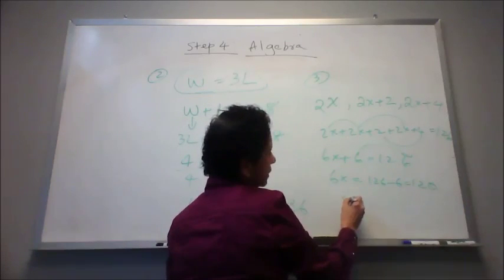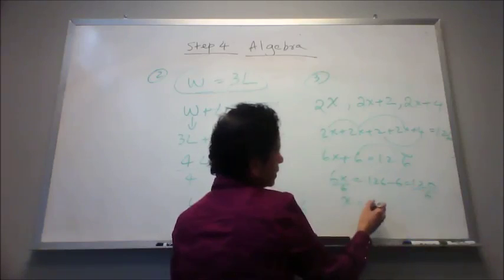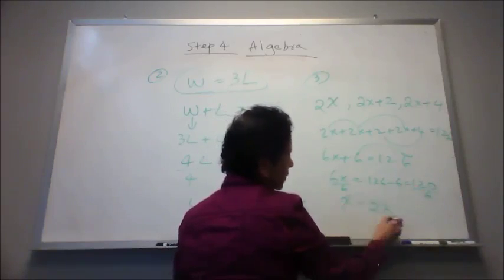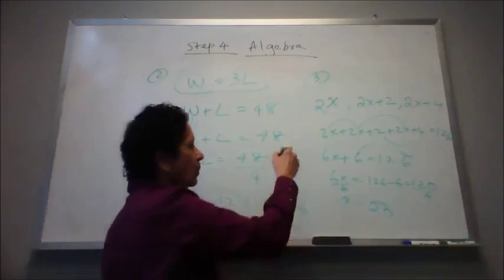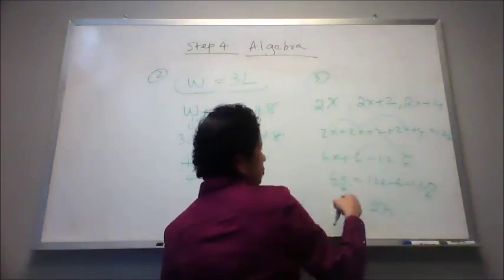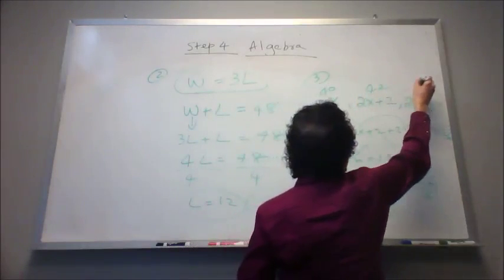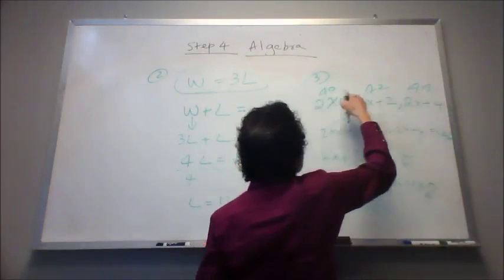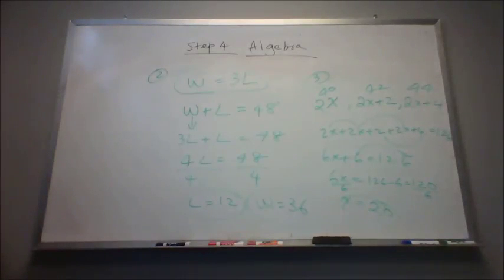So then x equals, I divide both sides by 6, so then it is 20. So x is 20, okay? So if I go back, so then 2 times 20, this is 40, then this is 42, and this is 44. So when you add these three numbers, you do get 126, okay?